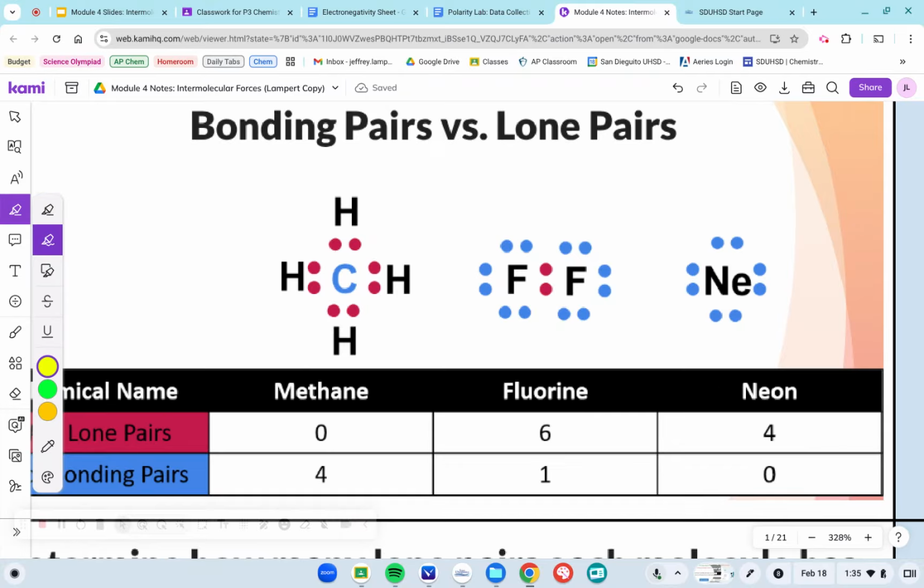And then lastly, in Ne, there's a total of 4 lone pairs, and there's no bonded pairs. All right? So when you look at electrons that are between two atoms, these are called bonded pairs. All the ones that are not between two atoms, like all of these, are called lone pairs. Questions so far?